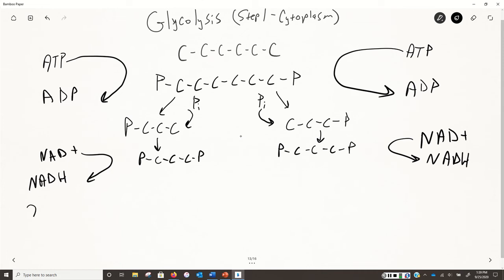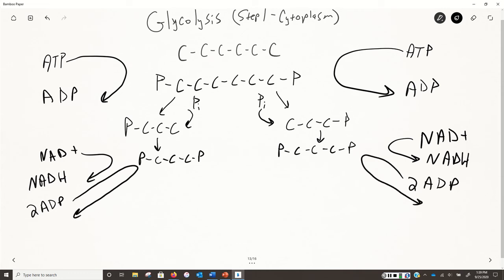And what we're going to have is 2 molecules of ADP and another 2 molecules of ADP are going to come along and grab those phosphate groups. One ADP is going to grab one phosphate, another ADP is going to grab another phosphate. Same thing over here.